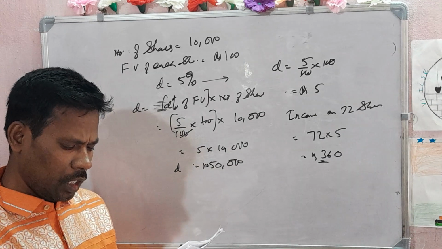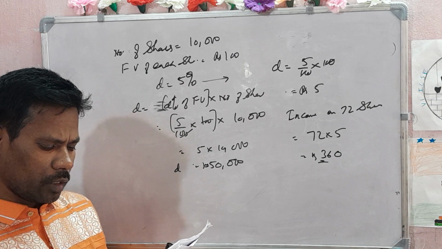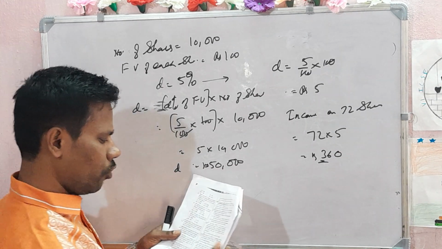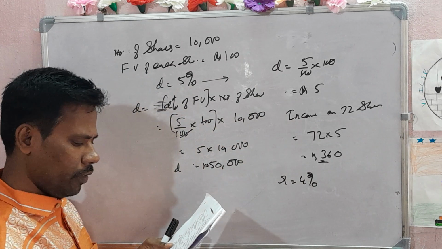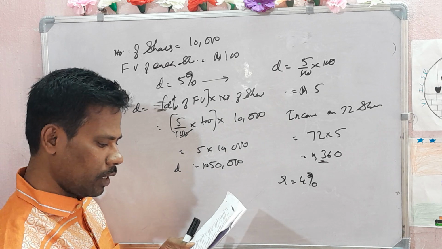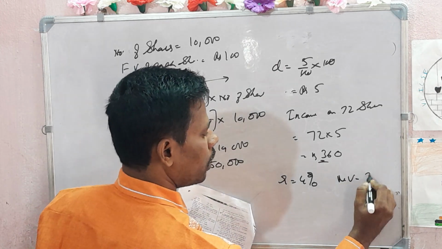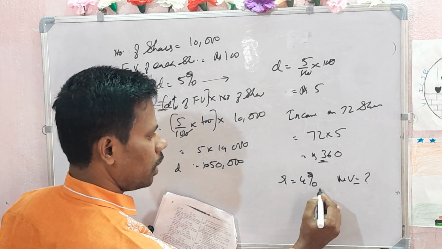Next, the third one: if he received only 4% on his investment, find the price he paid for each share. So market value he is asking. It's very simple.